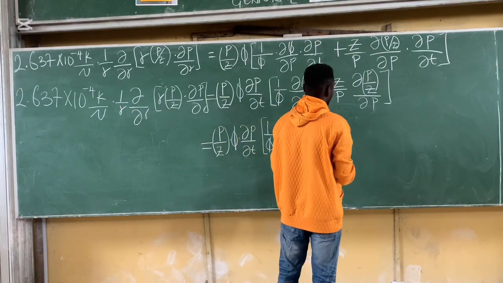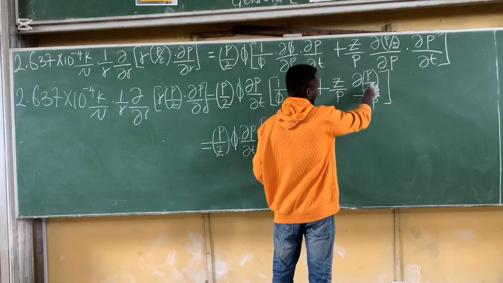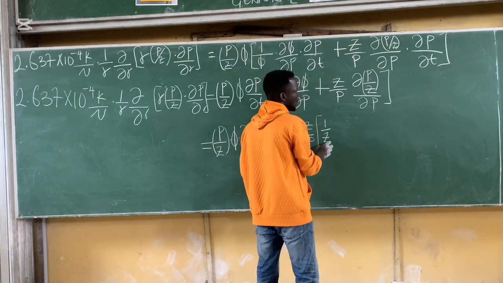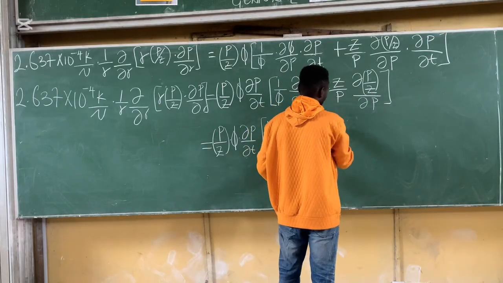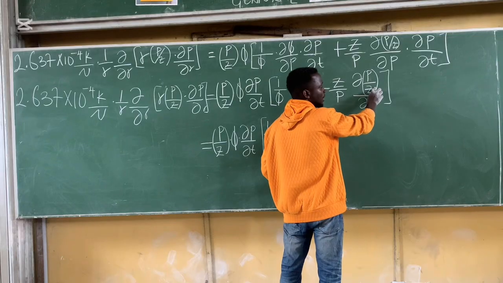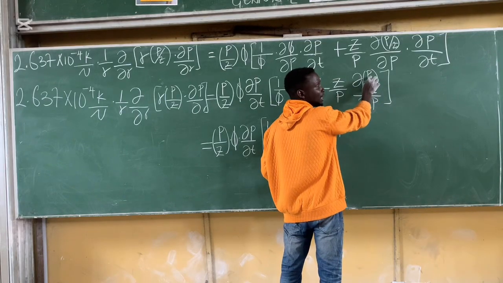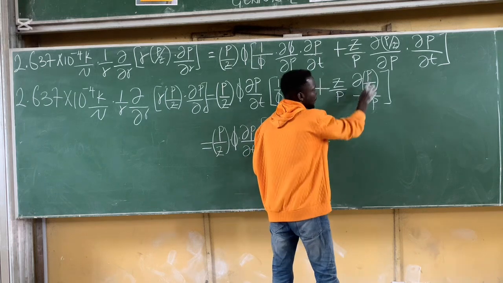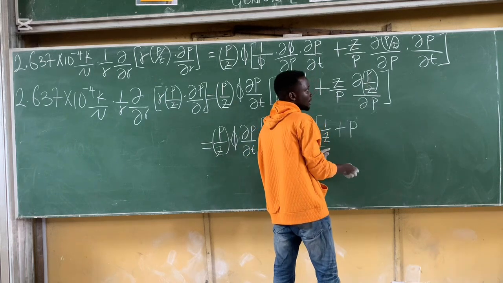Then, if you differentiate p with respect to dp, we are going to have dp over dp, which is 1. Then differentiate, that is plus, differentiate 1 over z. If you are differentiating 1 over z, p becomes constant. So we are going to have plus p, differentiate 1 over z.